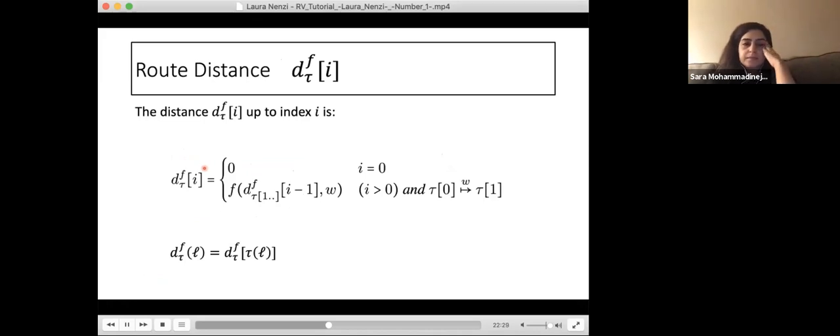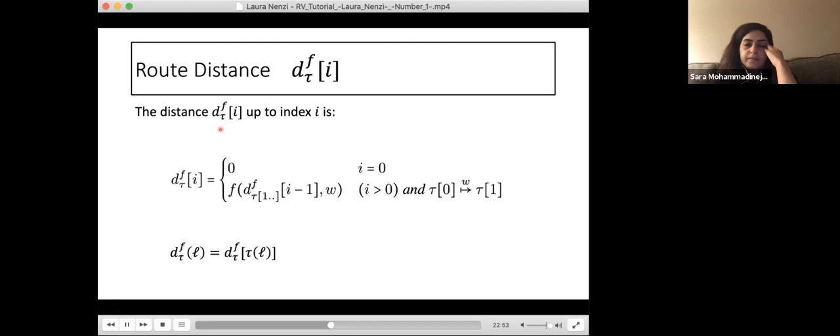We can use routes to define the distance between two locations. And to do this, first we define the route distance, and then we define the distance between locations. The distance is computed using an appropriate function f, and we will see some examples later.